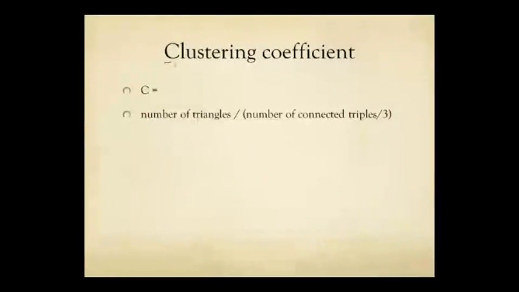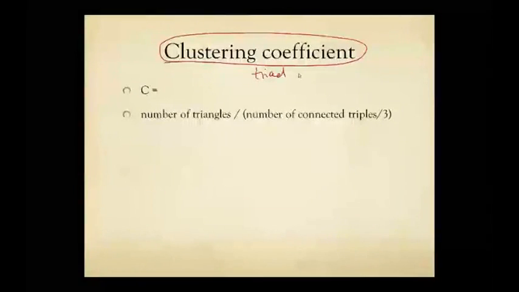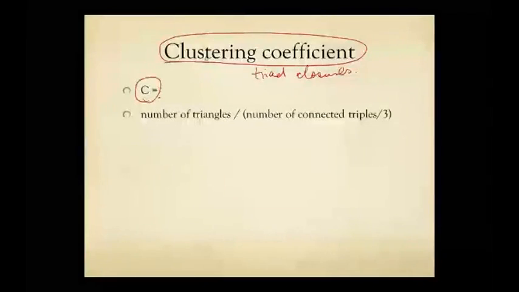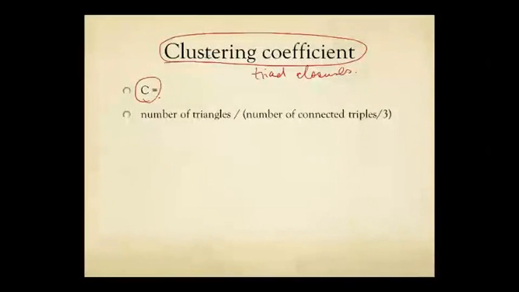That is, there's a lot of transitivity, quantified, for example, by clustering coefficient of a graph, quantifying the degree of existence of triad closures. And we're going to use C to denote this metric, clustering coefficient.